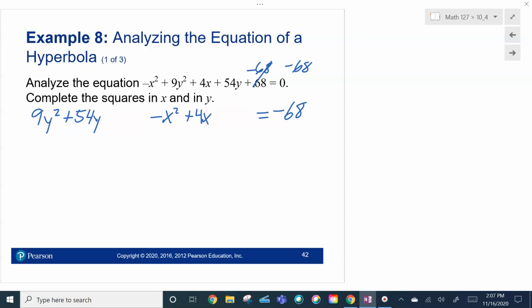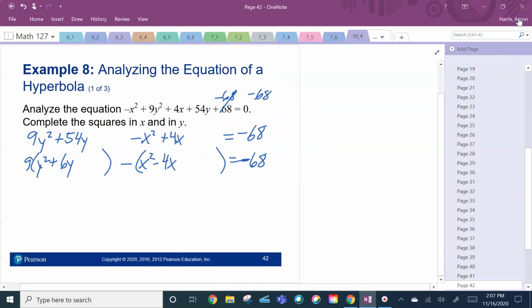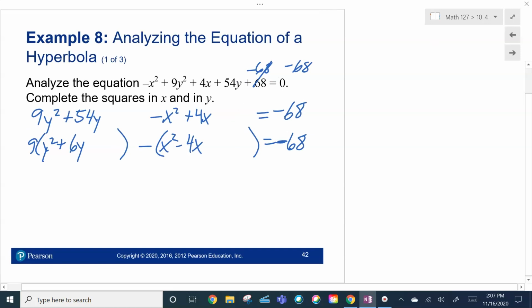Now I got to complete the square. So let me take a 9 out of the y terms, and let me take a negative out of the x terms. Equals negative 68 over there. And then I am going to complete the square. So let me take 6 divided by 2 and square it. That's the number I need.